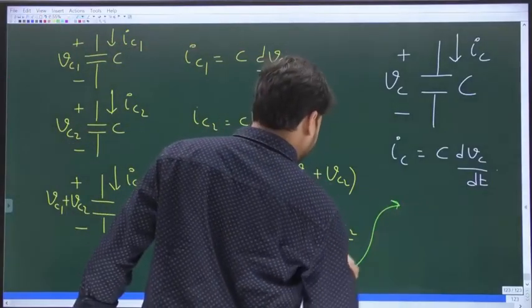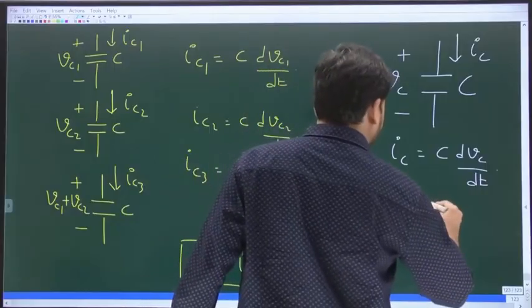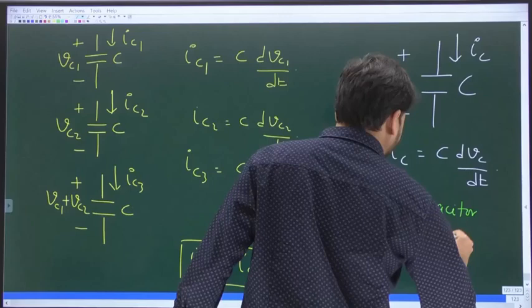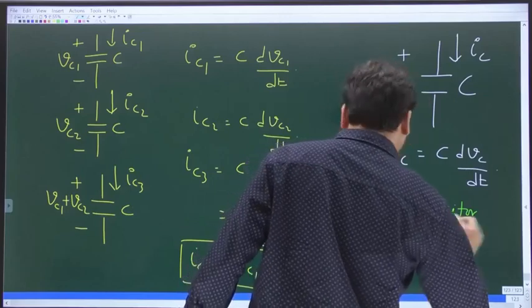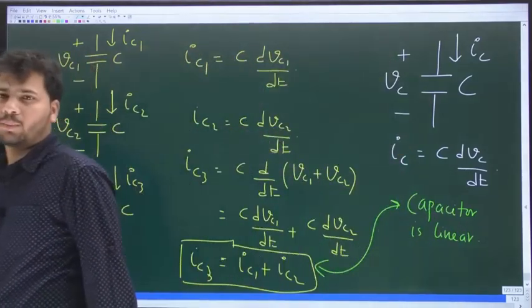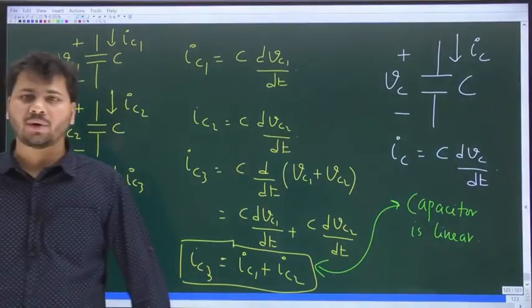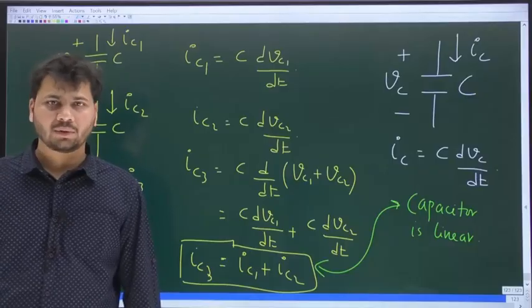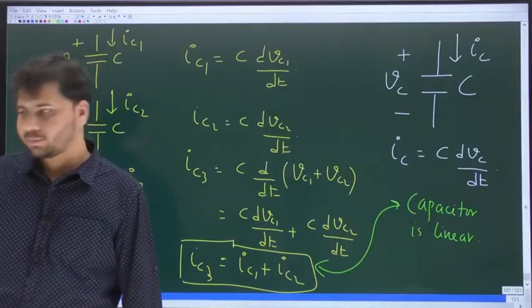So this means capacitor is linear. I hope it is understood how the capacitor is a linear circuit element. Clear, right?